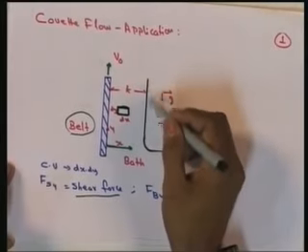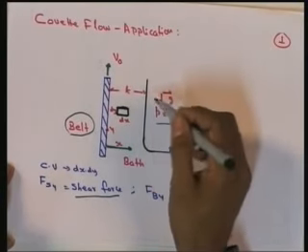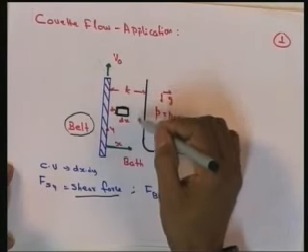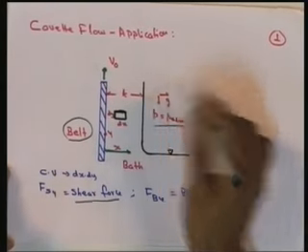Since the belt is moving with a velocity v 0, at x equal to 0 we can write v is equal to v 0. Also, as per the assumptions, at x equal to t, that means on the top of the fluid element, there will be no shear stress, so we can write tau is equal to 0. So, dv by dx is equal to 0.